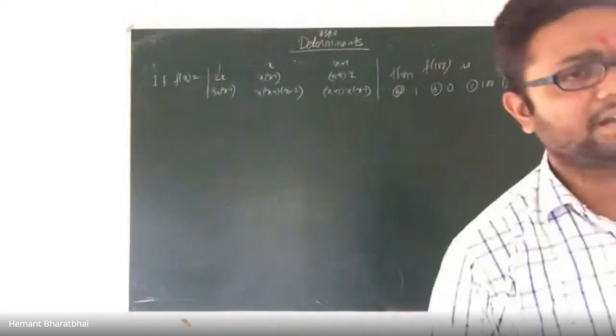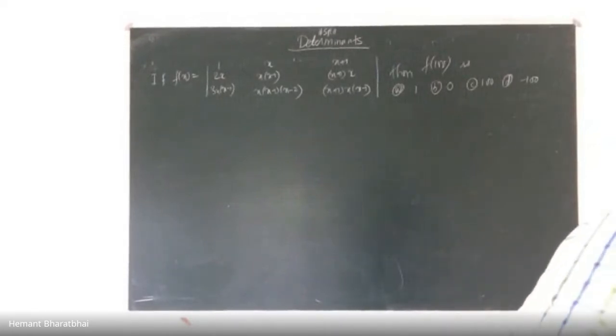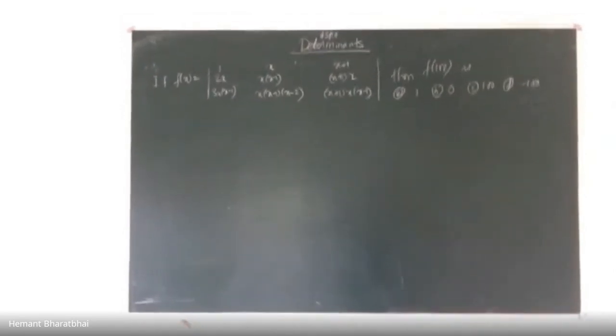You can just give it a try. Just try to find out the value of the determinant. If we find out the value of the determinant, we'll get the value of f of x. Once we get the value of f of x, we can get the value of f of 100 also.